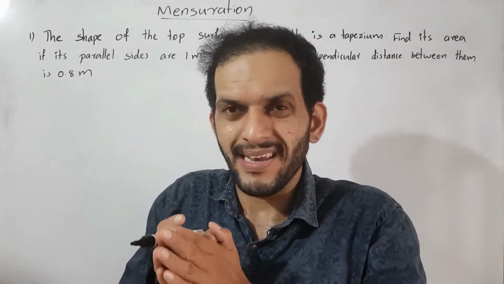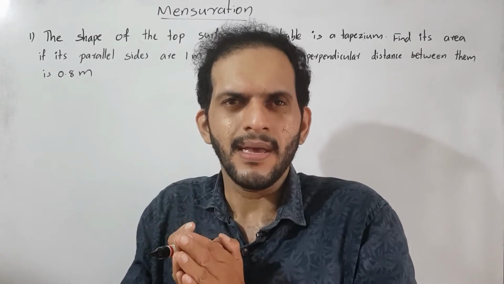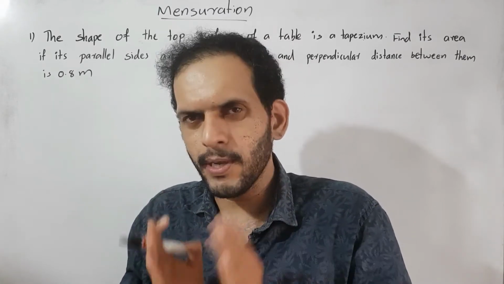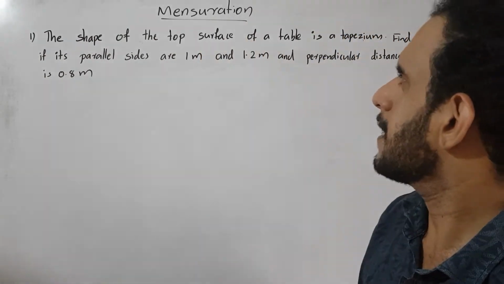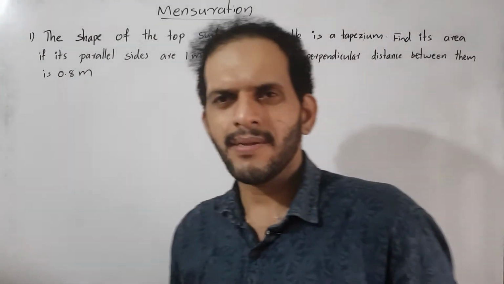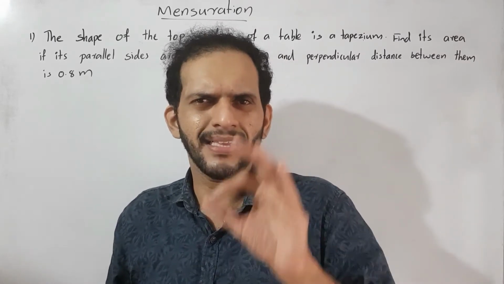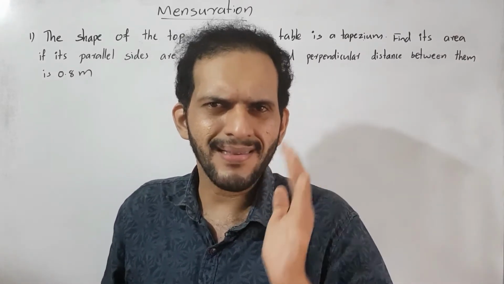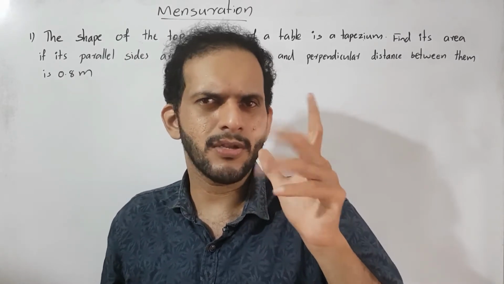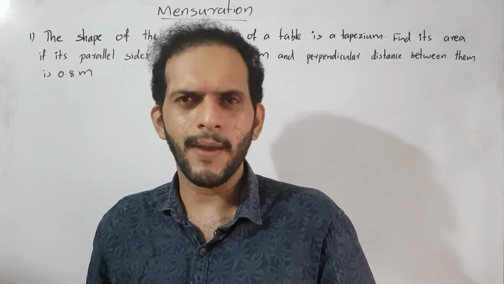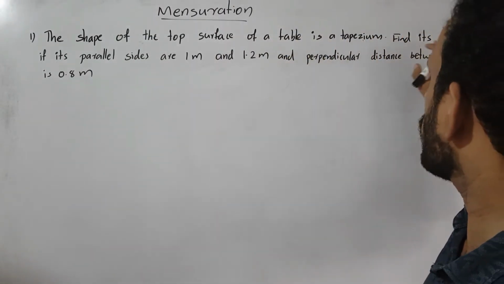Here it is clear that the tabletop is in the shape of a trapezium, and the two parallel sides and the perpendicular distance between them are given. What is the question? Find the area.